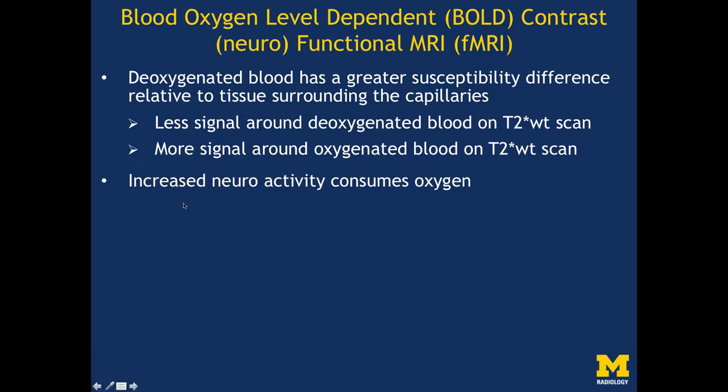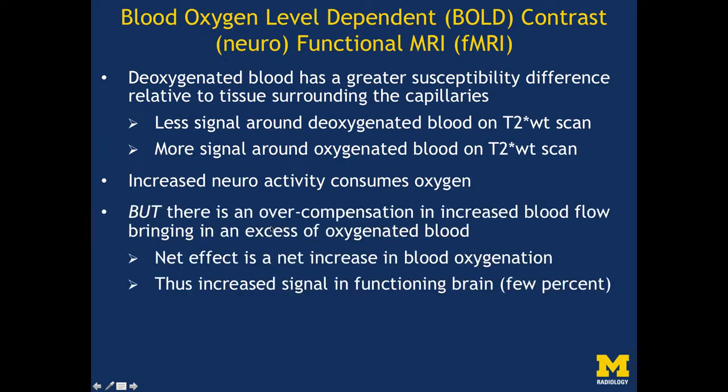So, as it turns out, as the story goes, if you have increased neuroactivity, you need to consume oxygen for that portion of the brain to do that neuroactivity. You would expect that that would reduce the oxygen level, therefore you would get less signal in that area, and you do. You get less signal very transiently because there's another compensation effect where now the blood flow will increase to that area.